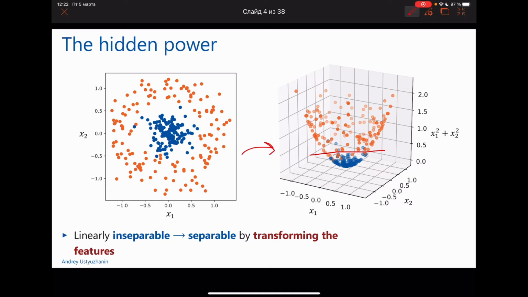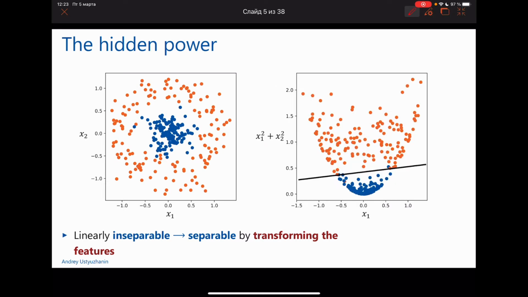So in this case, we added one more feature, which is equal to x1 squared plus x2 squared. And you see, if we look at these settings through the perspective of this feature, the orange and blue points become perfectly separable. So here is the illustration of a projection of two new features.